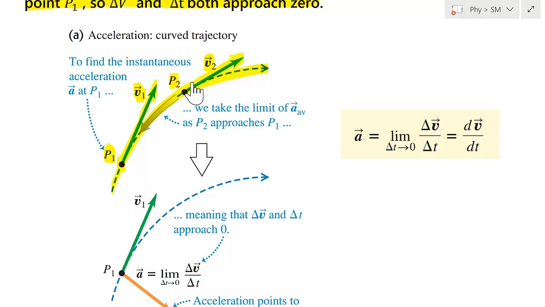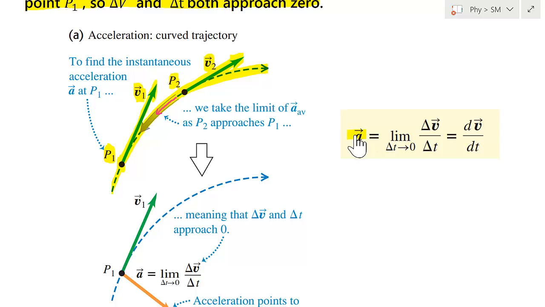To calculate instantaneous acceleration, I have to shift p2 towards p1 so that the distance between p2 and p1 is very small, or in other words, the time interval between the two instants is very small. So we take the limit of average acceleration when delta t goes to 0, and this can be written here.